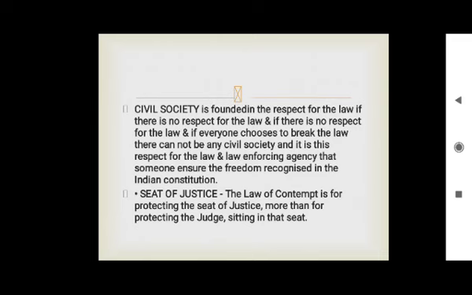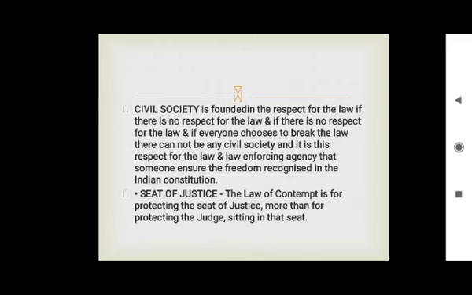Also, it protects the seat of justice. The contempt of court protects the seat of justice and not the judge. So, if you are criticizing or scandalizing a judge in his personal capacity, then that will not be counted as contempt of court. But if you are scandalizing or criticizing the judge in his judicial capacity, then only it will be contempt of court. Mind it.